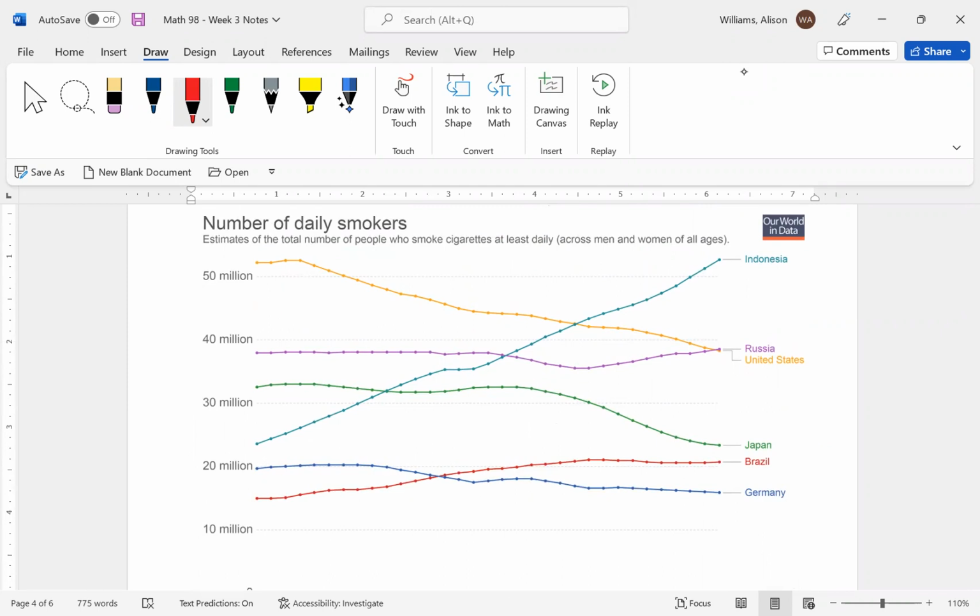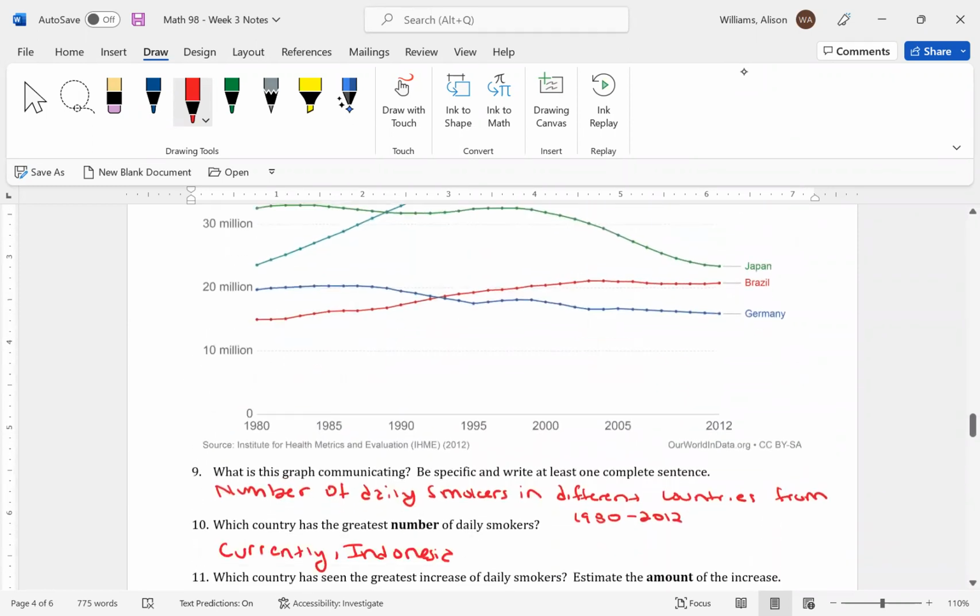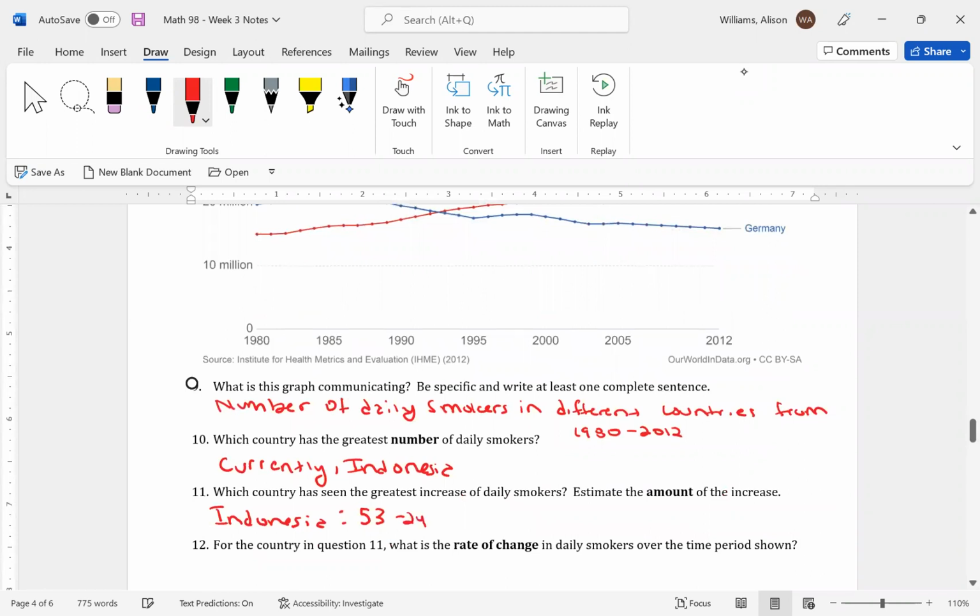So it went from 24 million to 53 million. So again, Indonesia, and they went from 24 million to 53 million. So I'm approximating that increase to be 29 million.